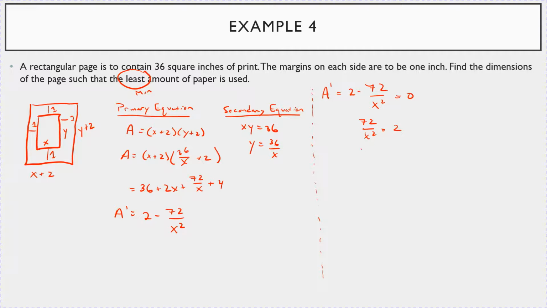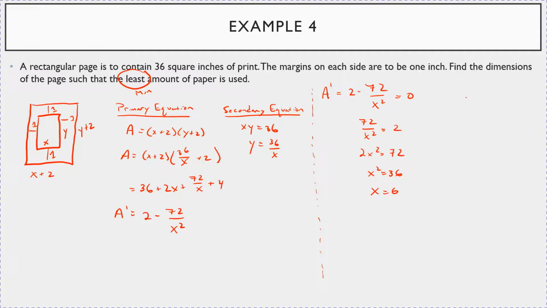Cross multiply. Divide by 2. And look, when you take the square root here to solve, you're only interested in the positive, because you can't have a negative length or width here, so that's why I'm only writing the 6 here.